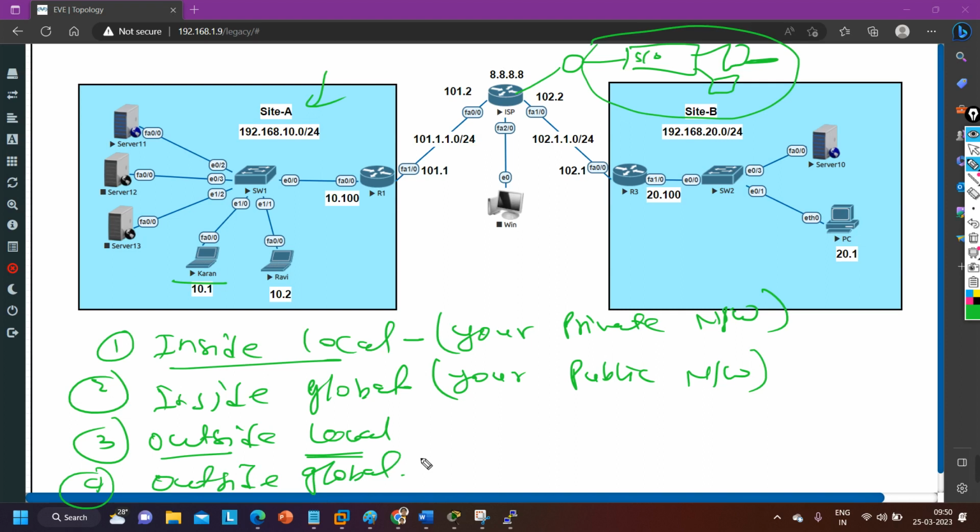Outside global means the remote global IP address, like Google's public IP address, public network. So this is outside local, this is inside global, and this is inside local.